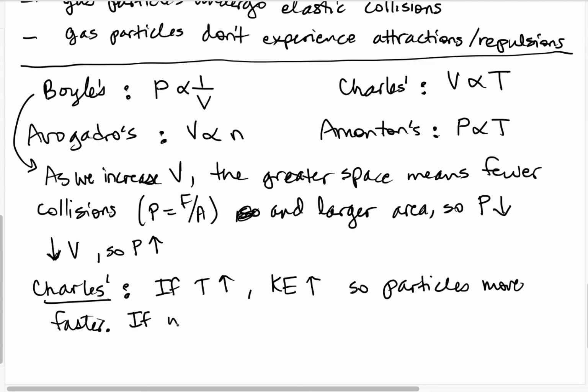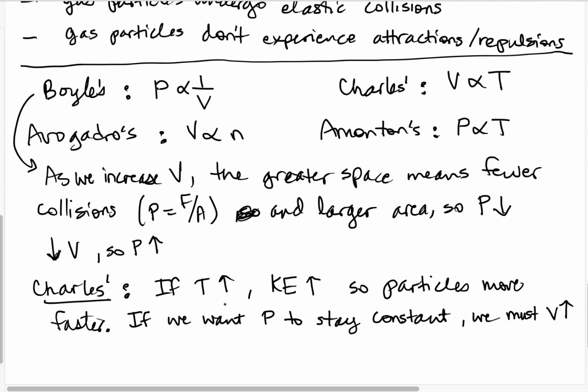So if we want the pressure to stay the same, the particles need more space to move around in. Otherwise, the pressure is going to increase because of those increased collisions with the surroundings, with the wall. So we have to increase volume.